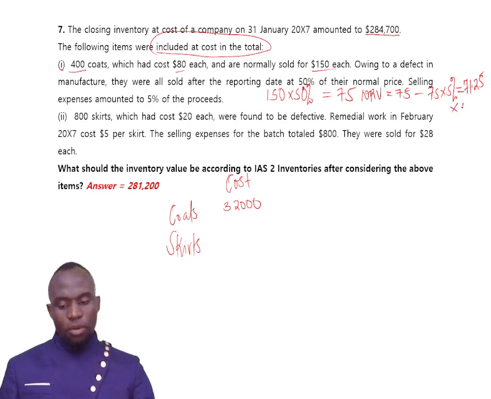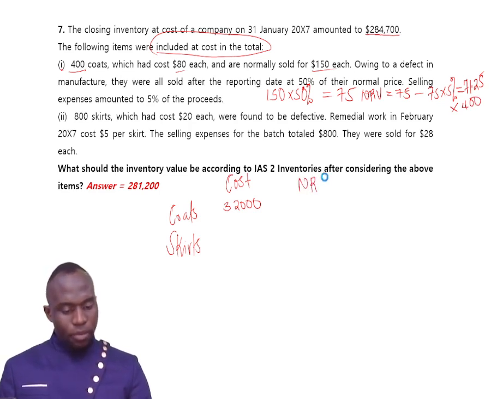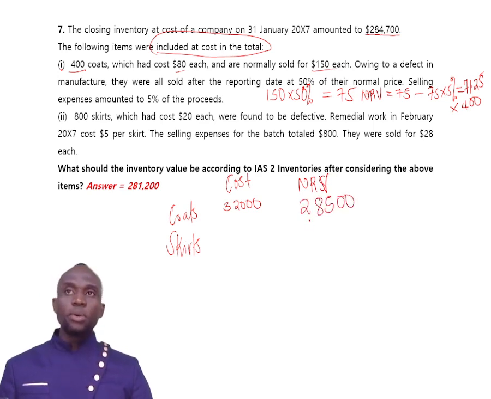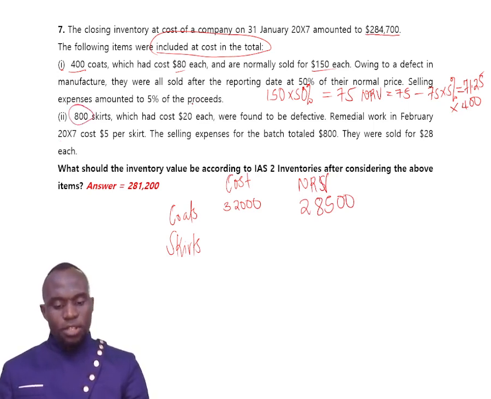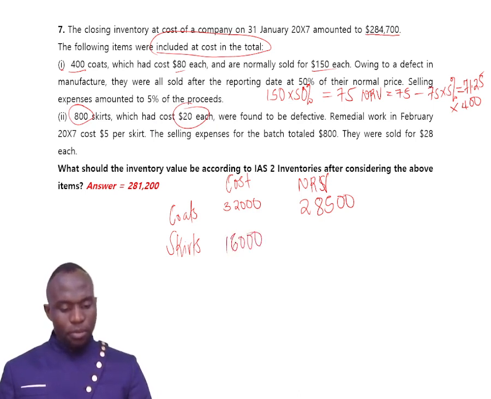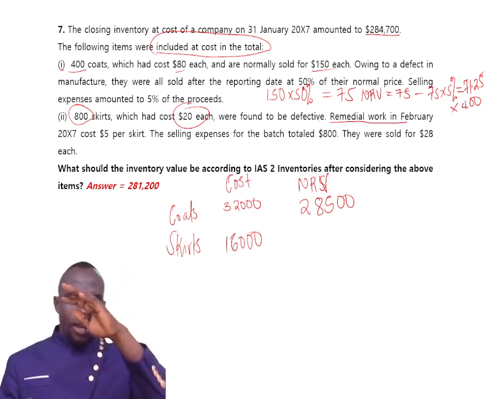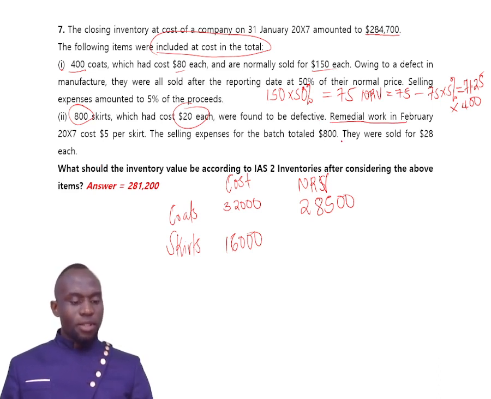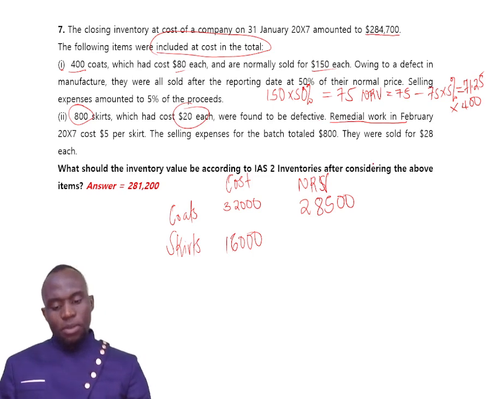But in total, there were 400 coats, meaning the total net realizable value is 28,500. Then we look at item 2, the skirts. 800 skirts, each costing $20. So the total cost would be 16,000, and they were found to be defective, and repair work had to be done in Feb at $5 per skirt. The selling expenses for the entire batch was $800, and they were sold at $28. So what is the net realizable value? Now net realizable value, we said it is selling price minus selling cost.